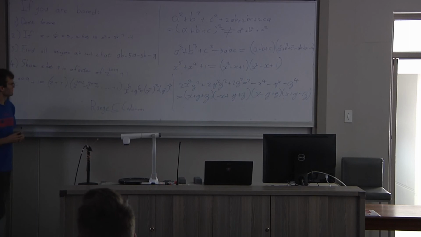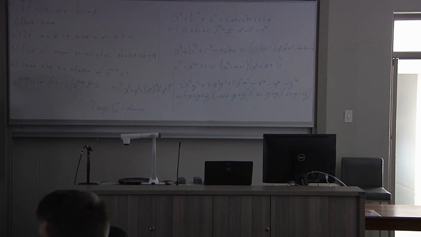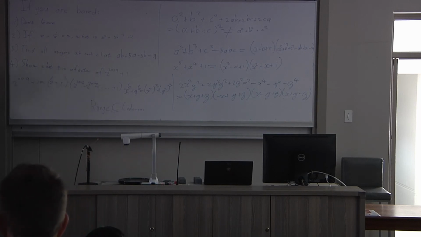But that's not useful in this case. Well, it could be, but whatever. You could also use congruency, but there's an easier method here that does it in one line.